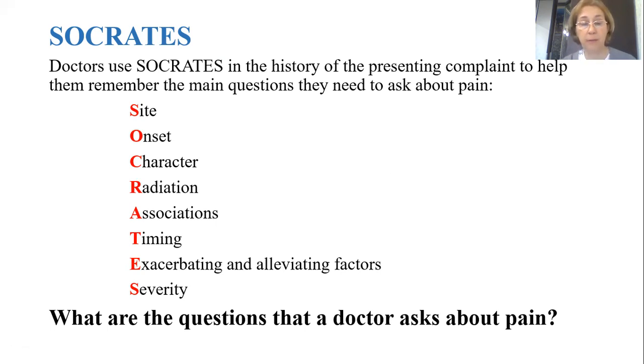About the character. Maybe when and where it started. When, yes. It started. Yes, this is about the site and the onset. And what about the character of pain? What is the question? So, can you please describe the pain? Exactly, yes, right. The other questions, please.